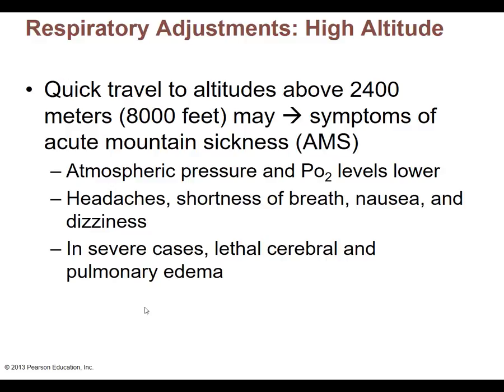It can lead to headaches, shortness of breath, nausea, and dizziness. Only in severe cases can you have lethal cerebral and pulmonary edema, where for some reason you're not getting oxygen to your heart, your brain, and your lungs, and you start to have fluid buildup. That's rare, and it's in severe cases, and those people usually have some type of respiratory or cardiovascular problem to begin with. But most of you will probably experience at least shortness of breath going to these high altitudes.